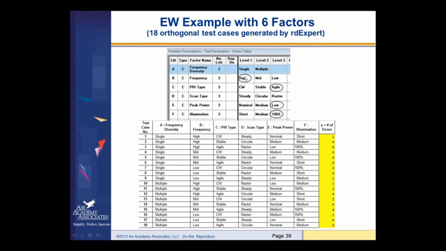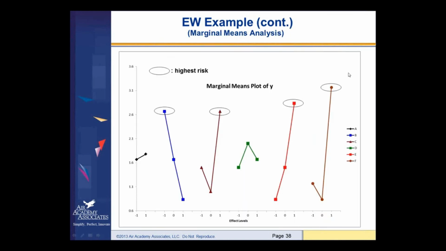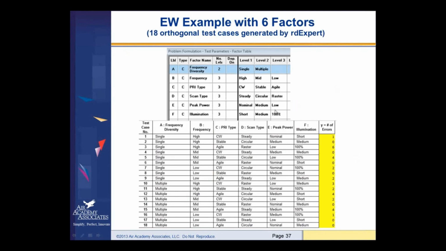And so the high frequency with agile PRI type, low peak power, and 100% illumination is going to be your most critical and the most risky part of this particular operational environment tested by this particular design right here.